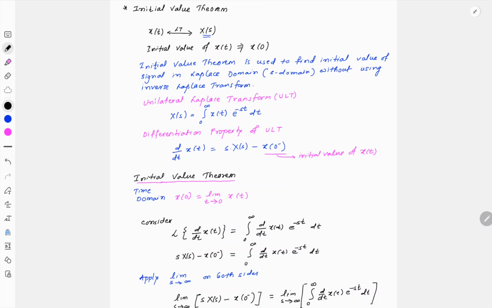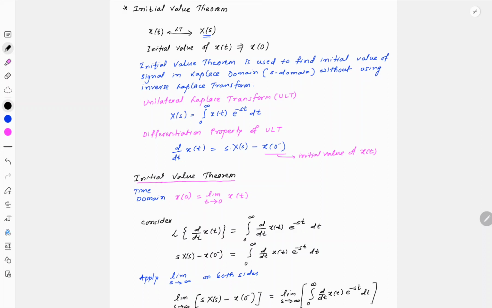And using the initial value theorem we are supposed to find out this initial value. The advantage of this theorem is we can find the initial value of signal x of t, which is represented as x of 0 minus or simply x of 0, or in some cases x of 0 plus also, from the equation of its Laplace transform.